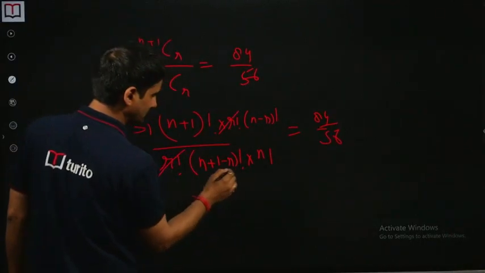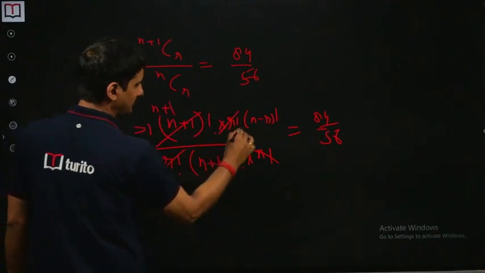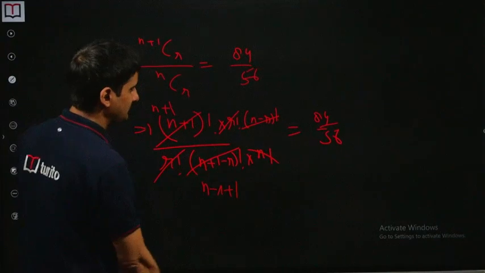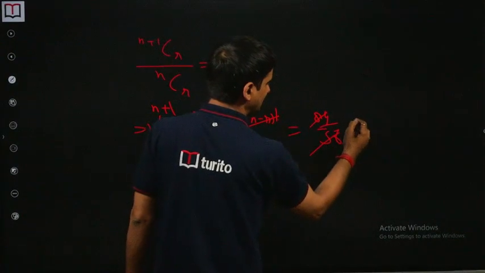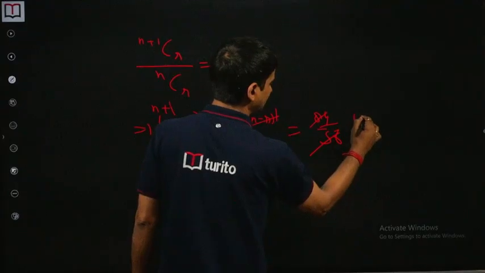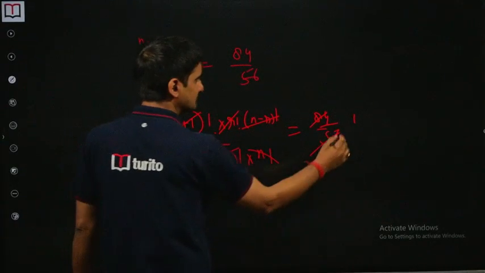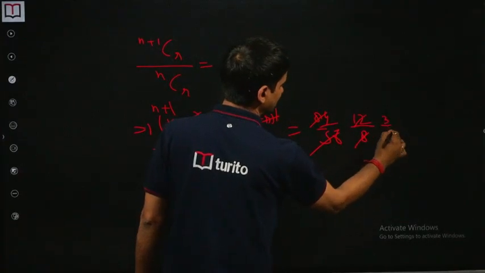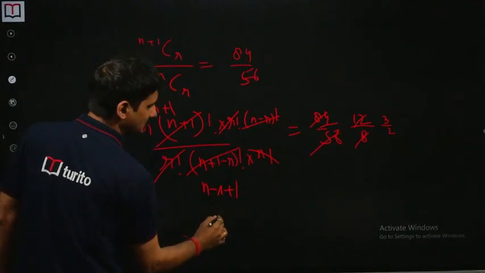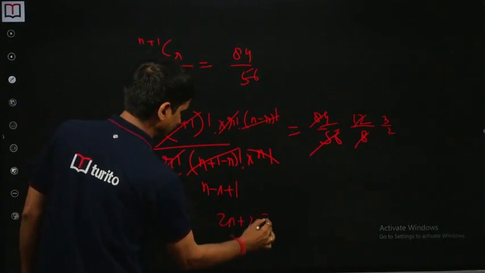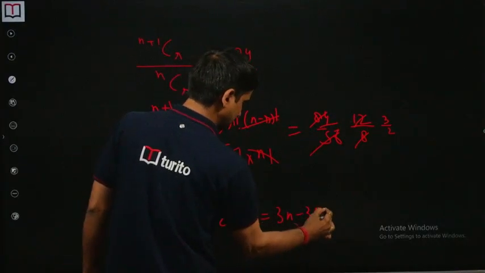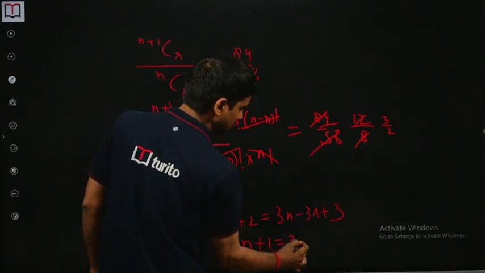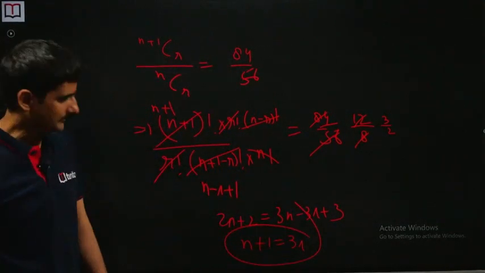So it's n plus 1 over n minus r plus 1, which gives 3 by 2. So we get 2n plus 2 is equal to 3n minus 3r plus 3. So it's the same result, which is what I was expecting actually.